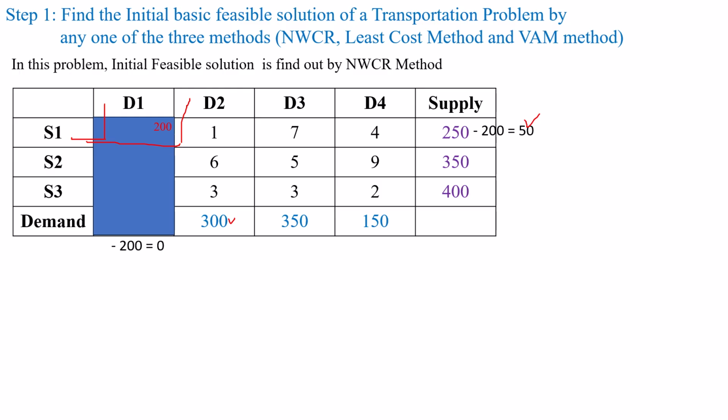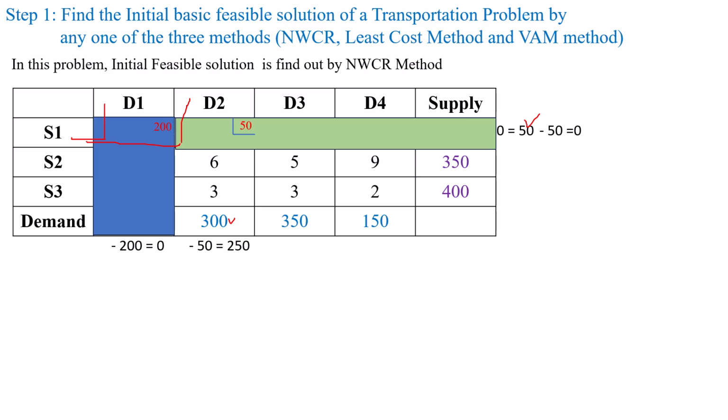Then allocate this minimum value 50 in this cell. Next, subtract this 50 from supply as well as demand. Then 50 minus 50 equals 0 and 300 minus 50 equals 250. Then remove the S1 row because its supply is 0.